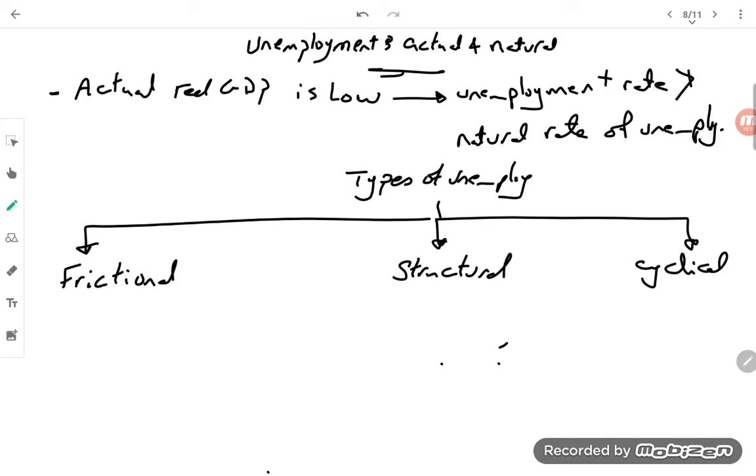Frictional unemployment is due to normal labor turnover, which means that you would like to find a better job, a better salary, a better position. So this is frictional unemployment.